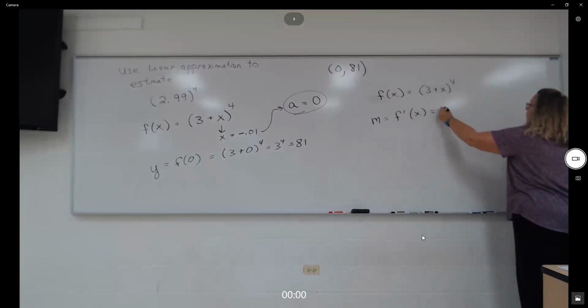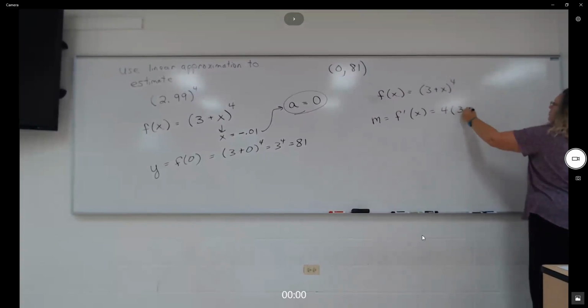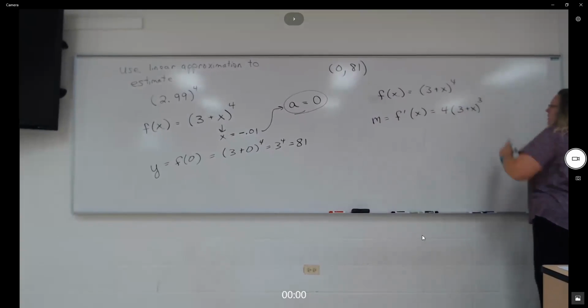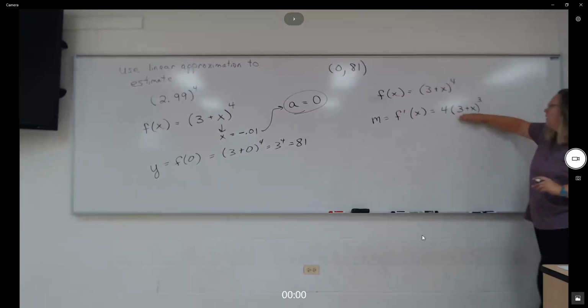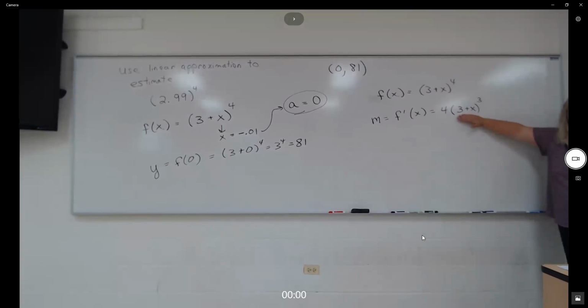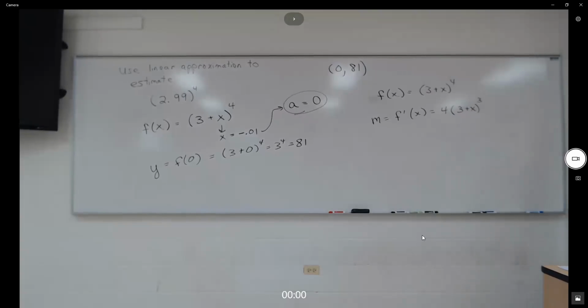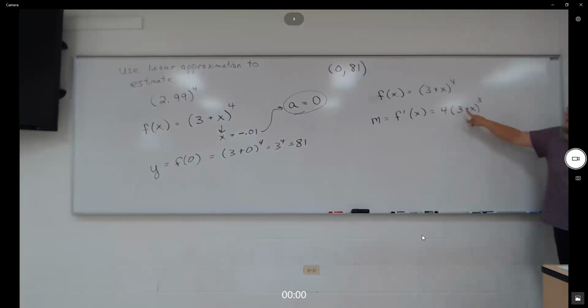Roll it down. Subtract 1. I did it on a quantity. This is why I like the plus so much better. I did it on a quantity, but what's the derivative of that quantity? This guy goes to 0, and then plus the derivative of x is 1.